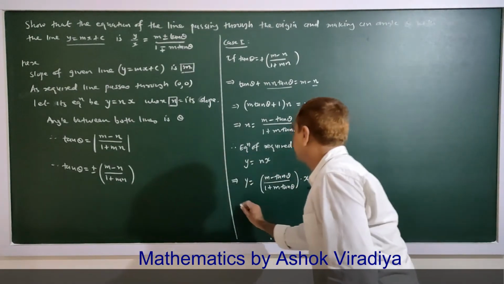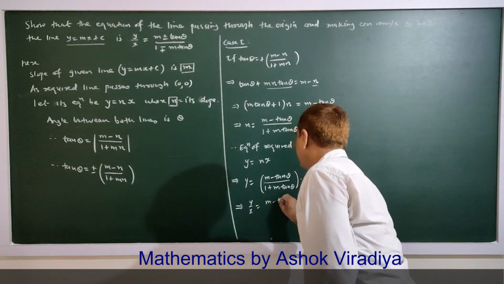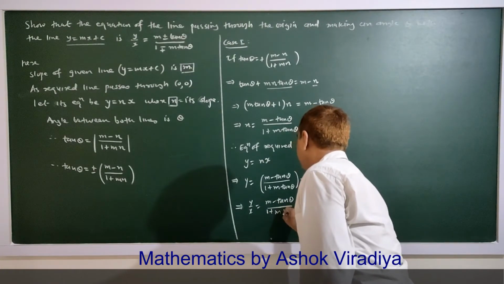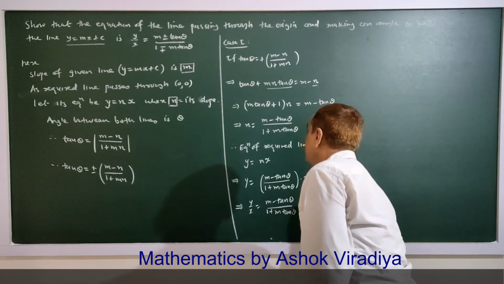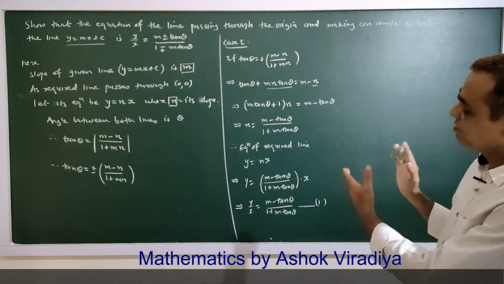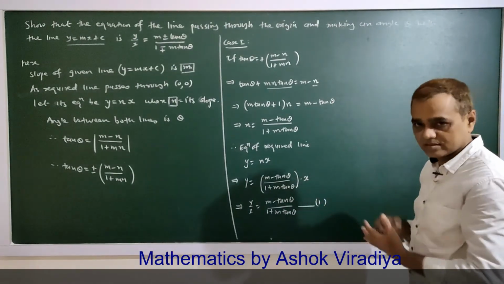So y by x is m minus tan theta upon 1 plus m tan theta. This is equation of required line. That is in case 1.